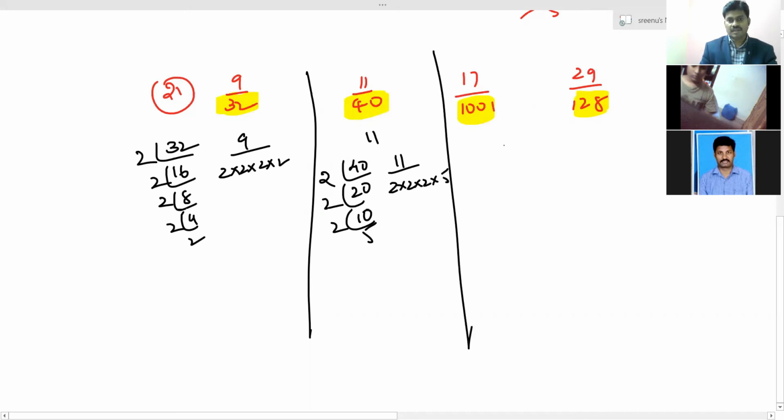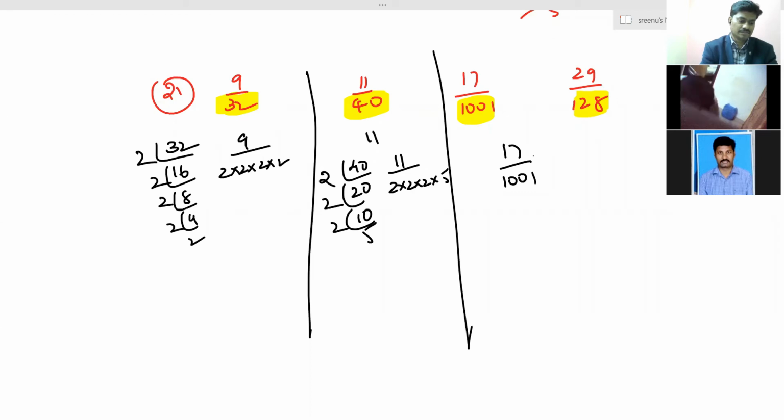Now 1001 I will take. 1001, which table does it go in? Just check it out. 1001. The 7 table I will take.